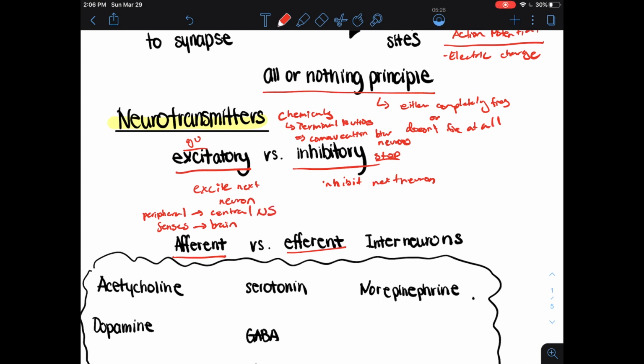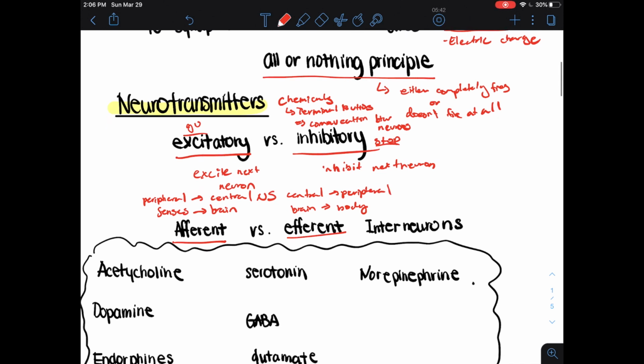While the efferent neuron does the opposite. It takes information from your brain to your body. So this is from central to peripheral. So these are the types of neurons.